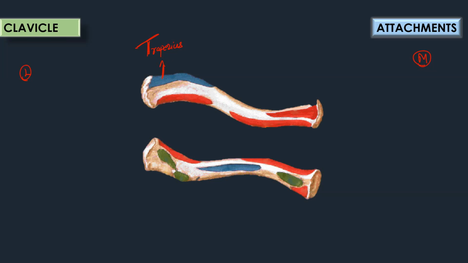So laterally, we have the shoulder. One of the main muscles of the shoulder is the deltoid muscle. So one above, one below, laterally, we have the deltoid muscle. And medially, one above, one below, we have the pectoralis major.